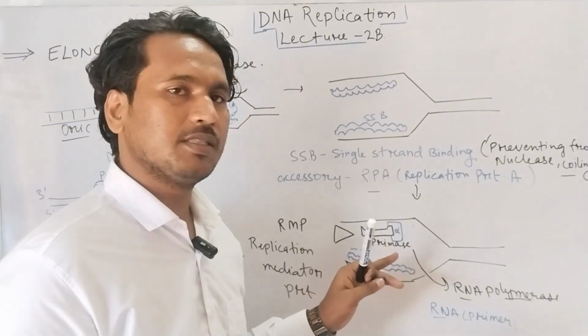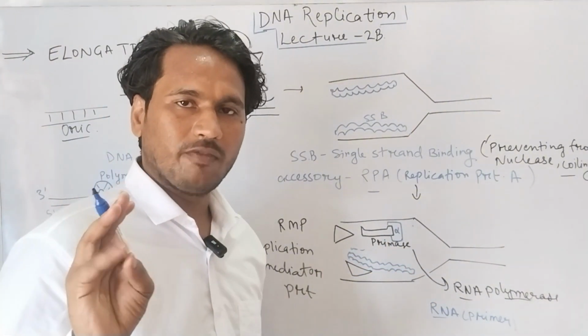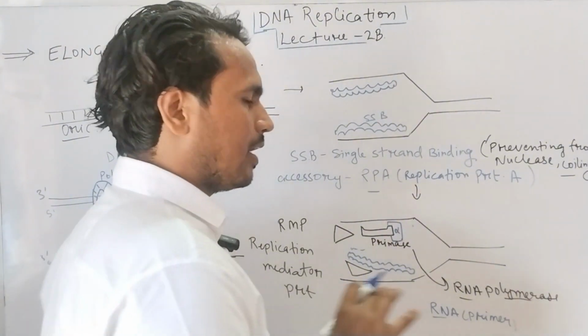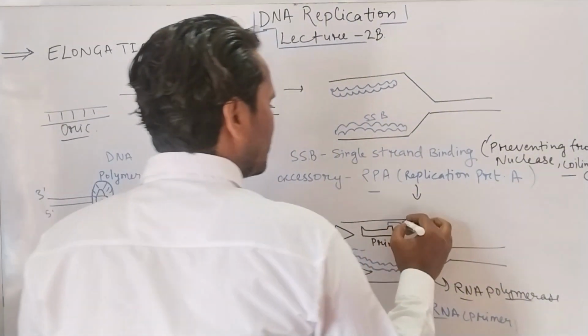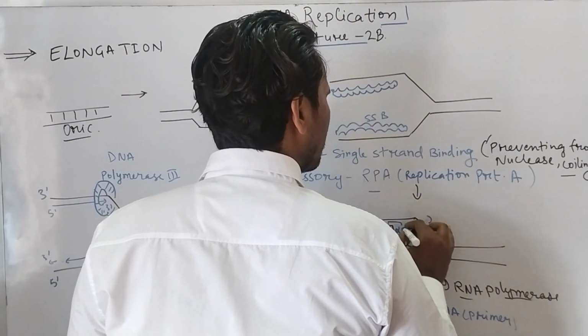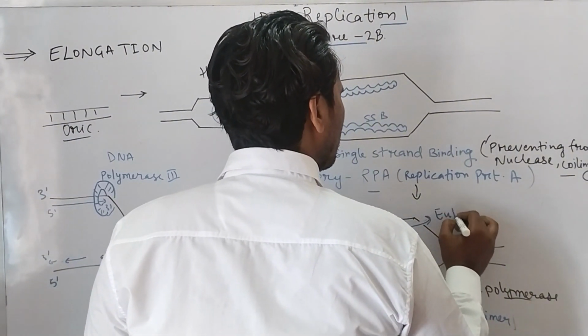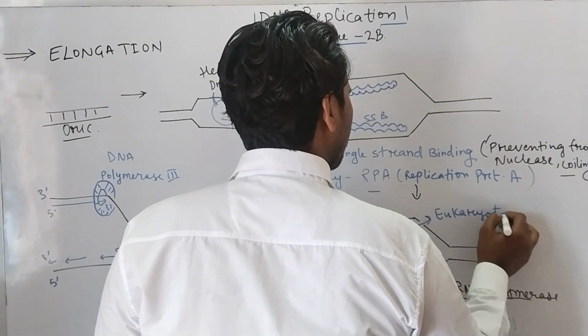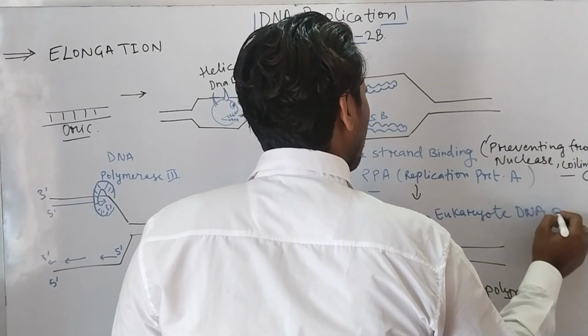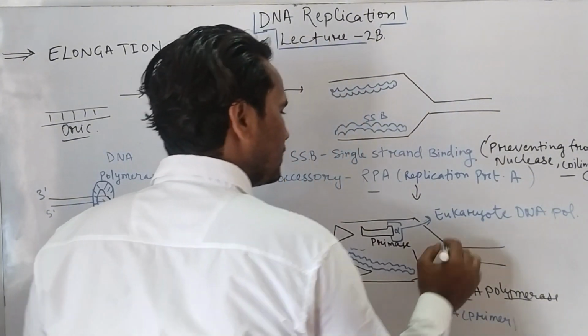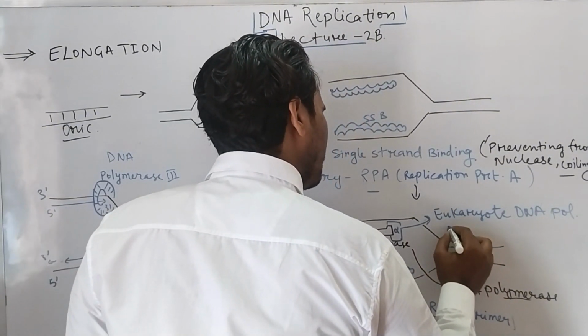We have seen the DNA polymerase is of different types in the eukaryote: alpha, beta, gamma, delta, epsilon. Delta and epsilon we already studied. This is the eukaryote DNA polymerase. Why is it required? It is helping the RNA DNA primer.